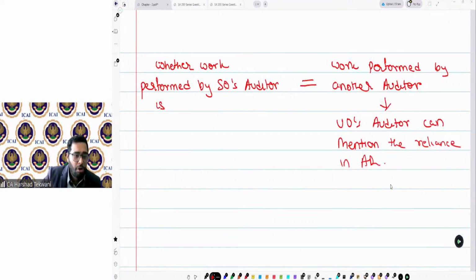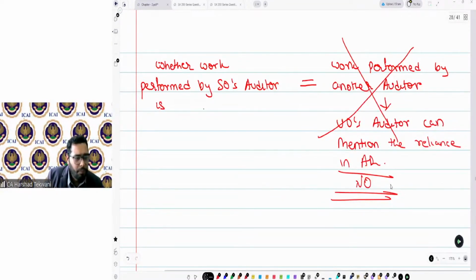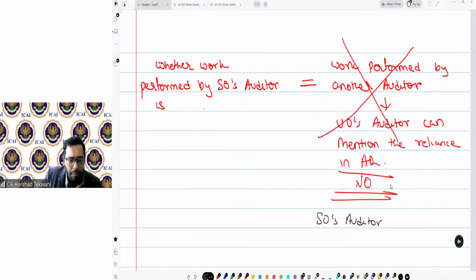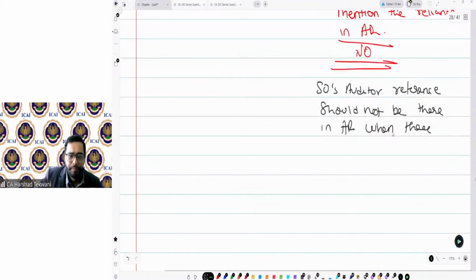The answer is no. You cannot refer to the service organization's auditor. The reference should not be there in the audit report when there is an unmodified opinion.